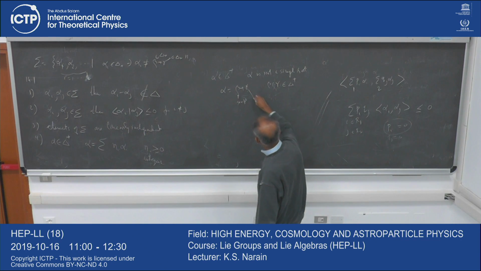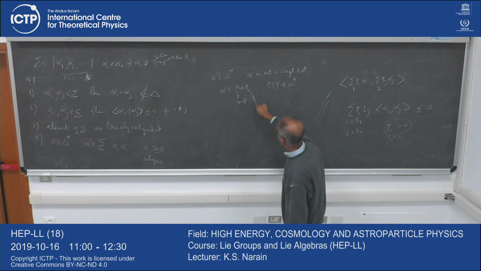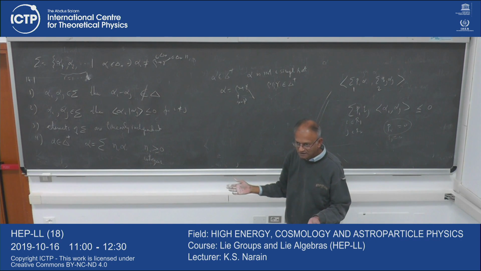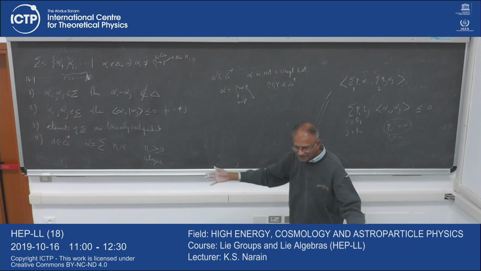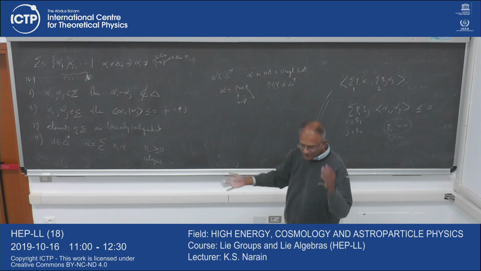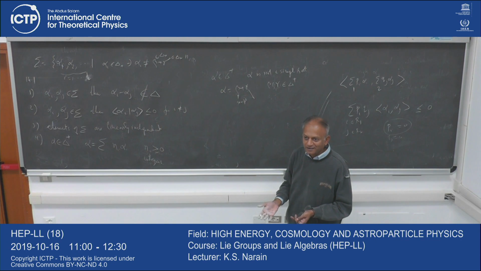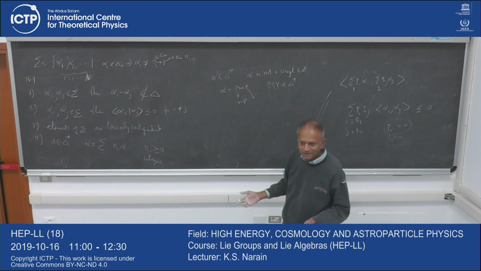Then I can again go here, and since the other is not simple, I can again write it as a sum of two positive roots, right? So you keep going, keep going. Eventually, since we are talking about a finite dimensional Lie algebra, it will exhaust, and at some point you will end up writing everything in terms of simple roots. Okay. That is it.